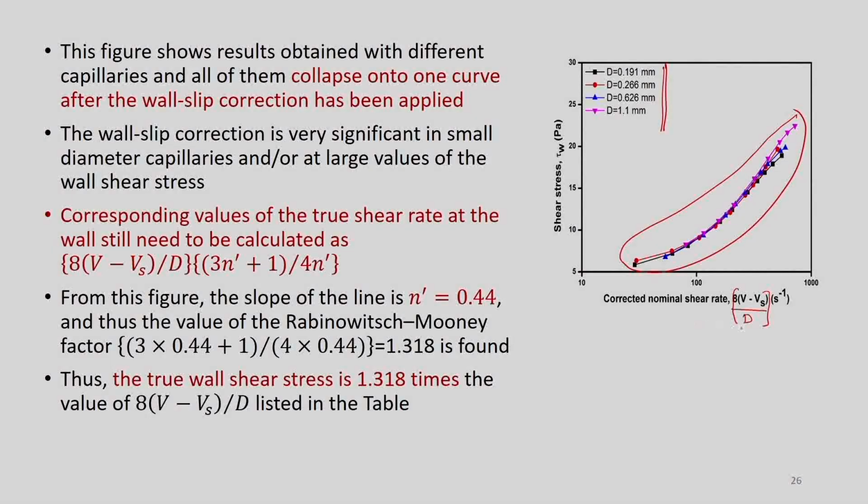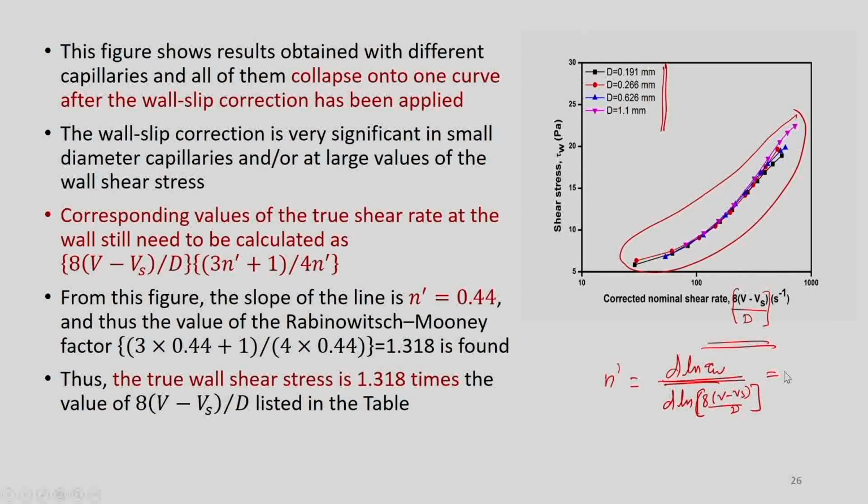However, the shear rate shown here is the corrected nominal shear rate, but it is still not the true shear rate. You have to find out what is this n prime. n prime is d ln tau w by d ln 8(V minus Vs)/d. This is what you have to find out. Plot the same data in logarithmic coordinates, then get the slope.